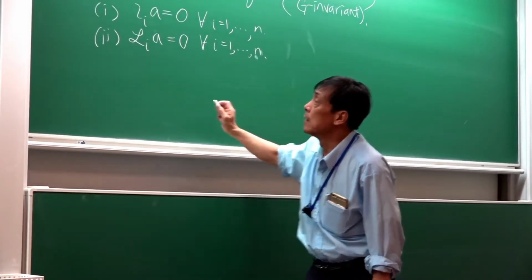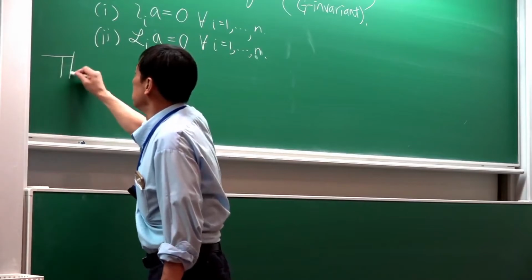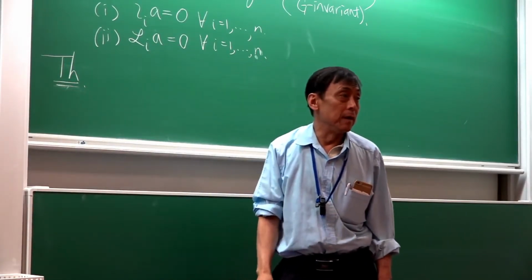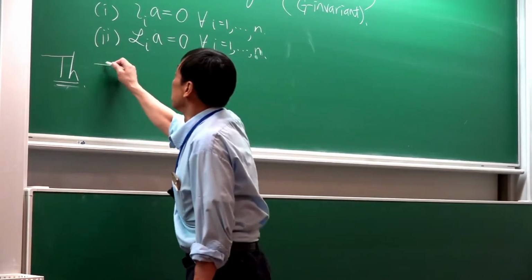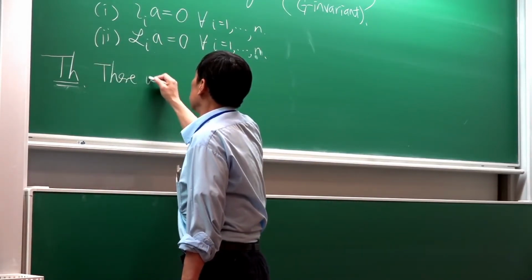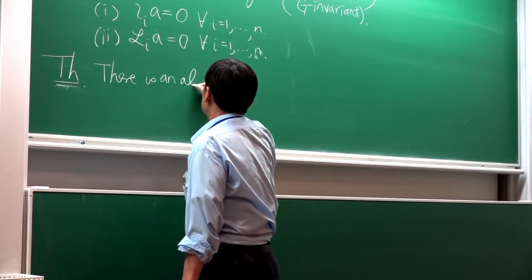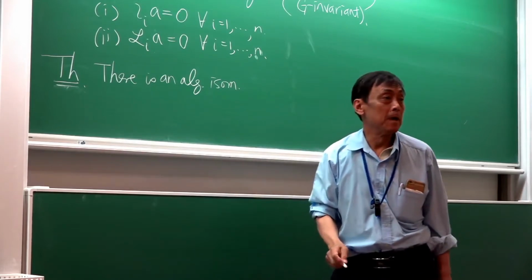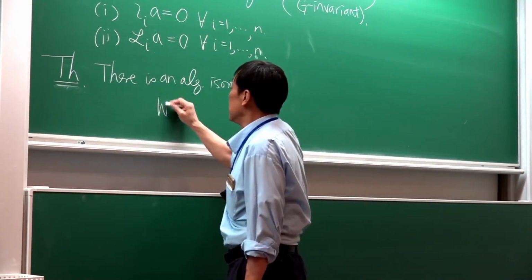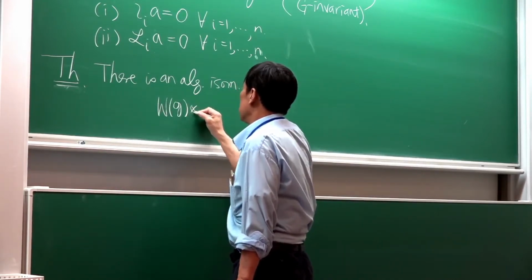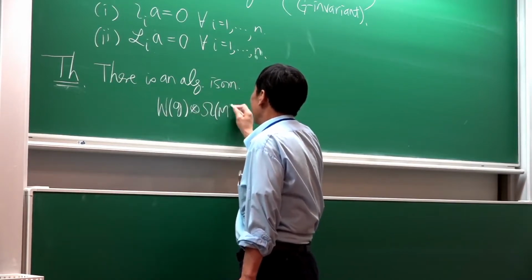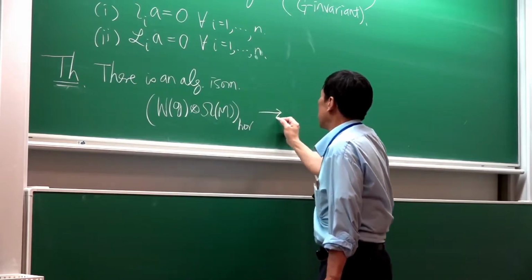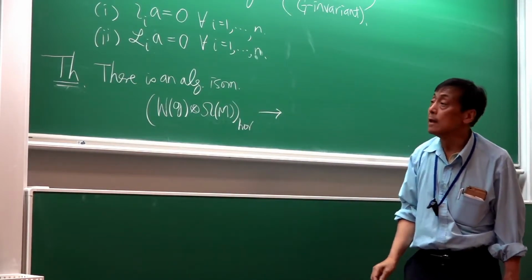Now, so the first thing I want to do is to identify the horizontal elements. Okay? And so there's this theorem. There is an algebra isomorphism between the horizontal elements and, okay?